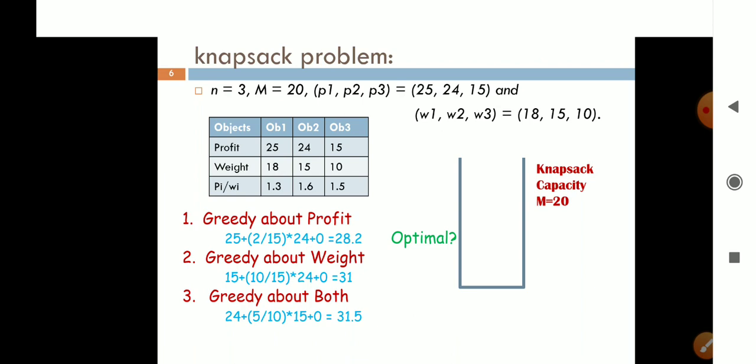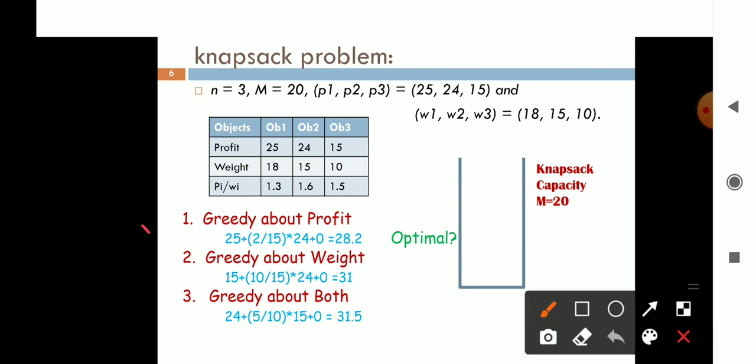First, I am greedy about profit. I need more and more profit, so I am going to choose only the item with more profit for my bag. What is the maximum profit? The maximum profit is 25.